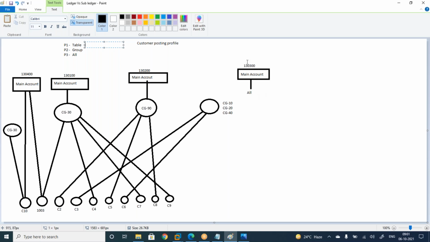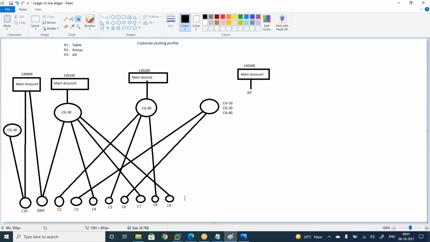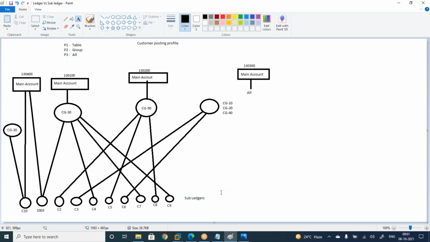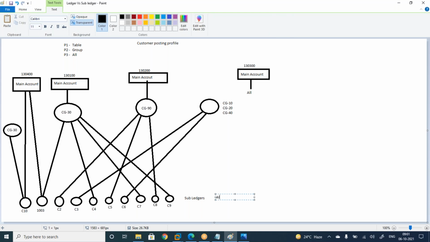Okay. My second question is, as per our concept of ledger and sub-ledger, which is the ledger and which is the sub-ledger? I have confusion between them. This is the ledger. These all are sub-ledgers. So all customers are sub-ledgers.